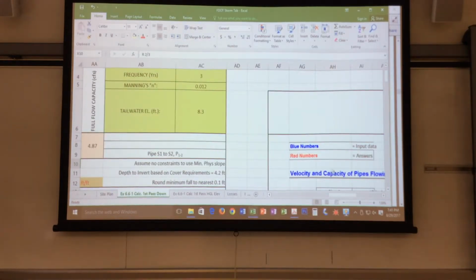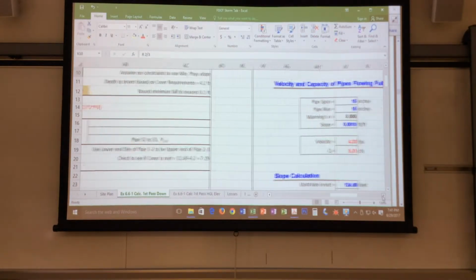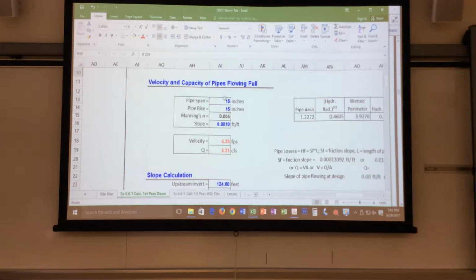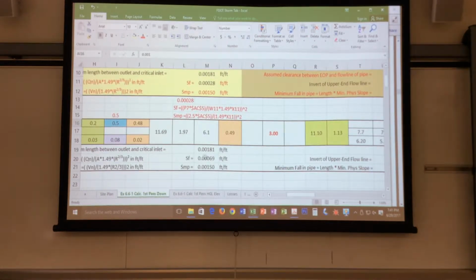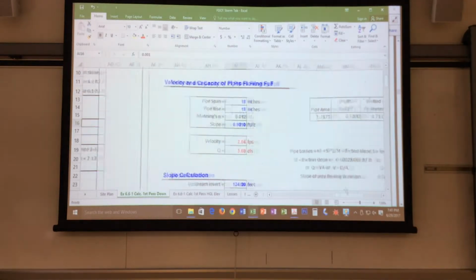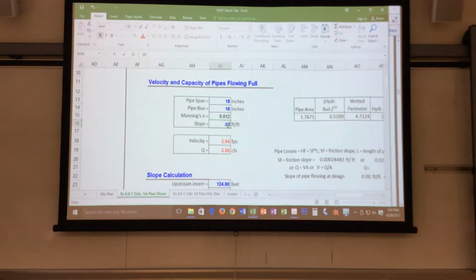So over here, if you look at this capacity, velocity and capacity pipes flowing full, I have an 18-inch and an 18-inch. Manning's n is 0.012, and we assumed that friction slope, if we use the hydraulic grade line, is 0.0018.